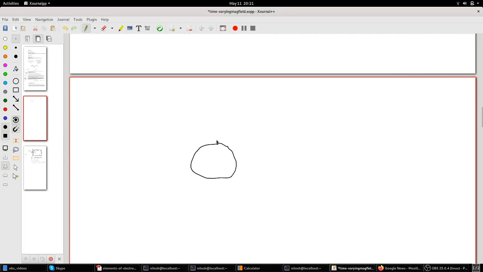Let's say I bring a magnet closer to it, and this is a permanent magnet. I know there will be flux lines through this loop, something like this, already there.